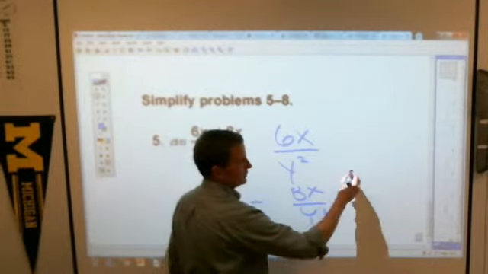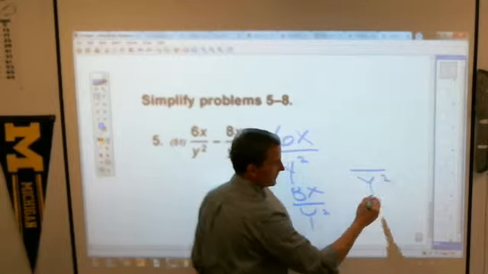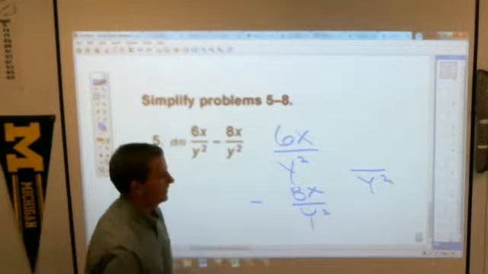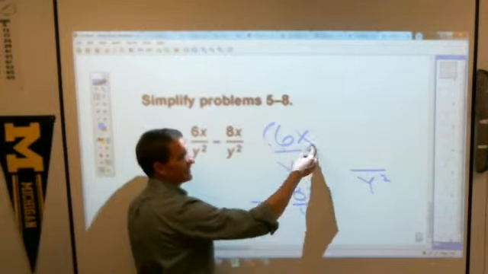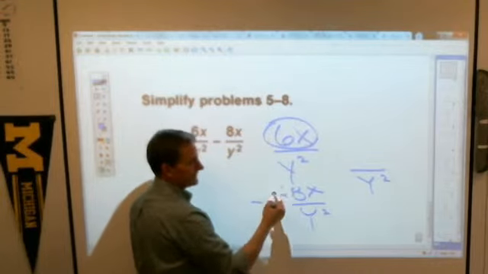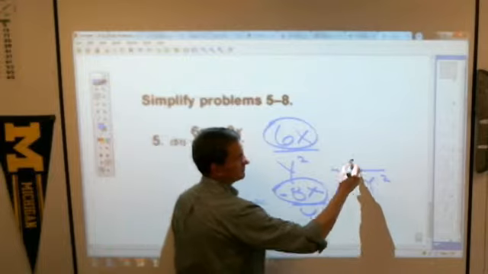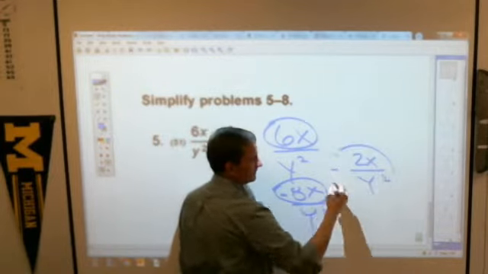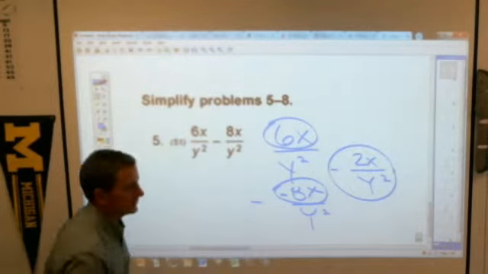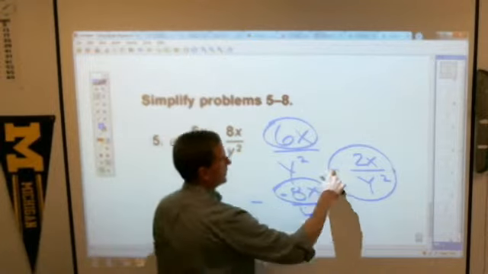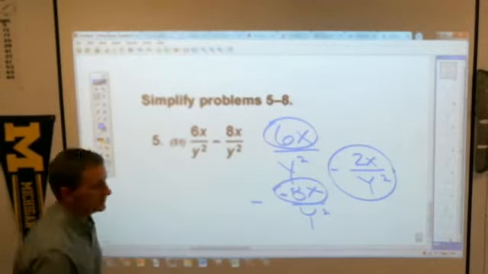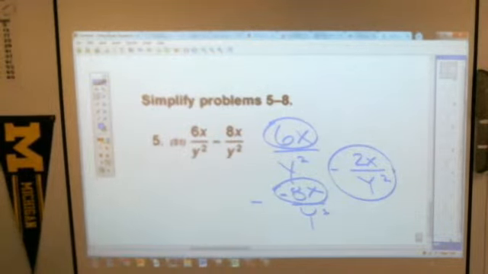So my answer is going to have y squared in the bottom. I just need to combine the tops. And Wade, what is 6x minus 8x? Negative 2x. And that's all it is. It doesn't matter whether you put the negative with the 2 or out in front or even on bottom. They're all the same. I hope that was the answer, wasn't it?